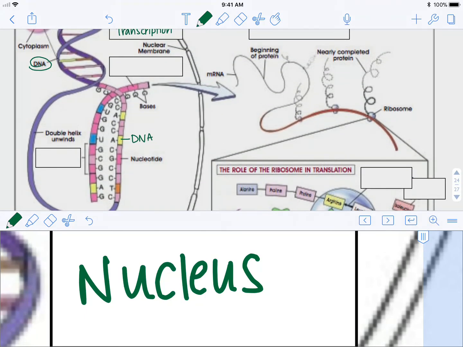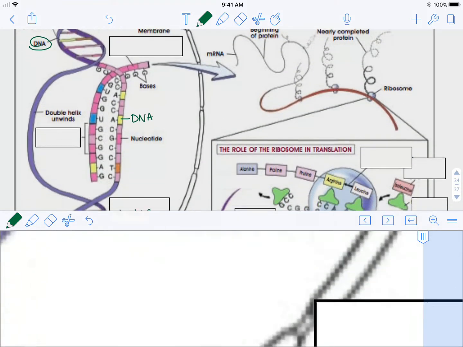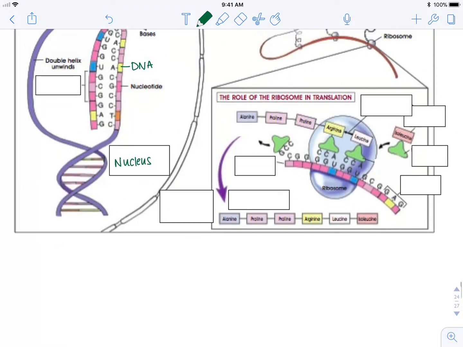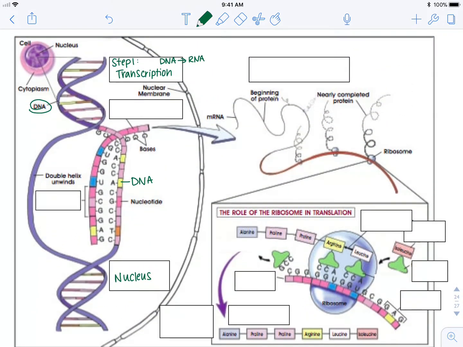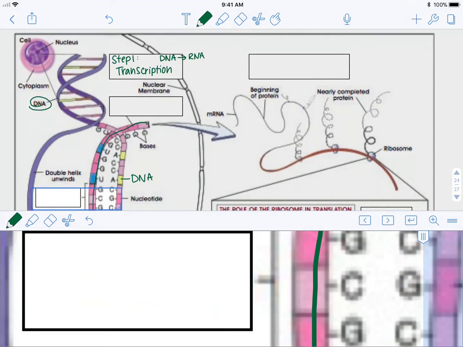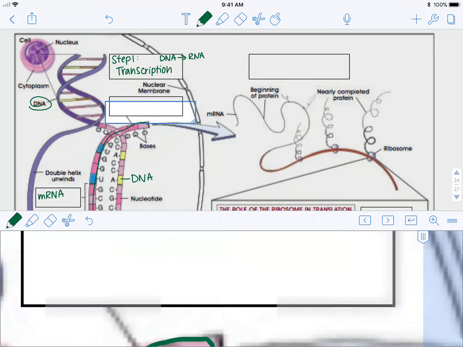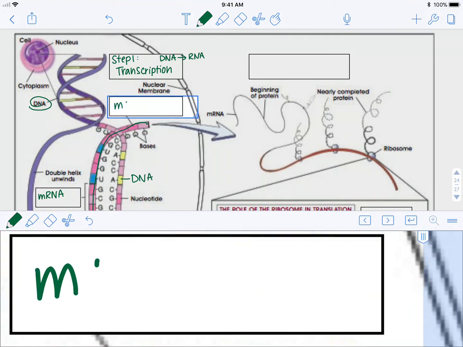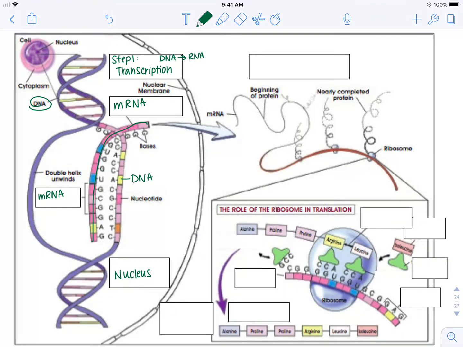Okay? And this new strand here, this is going to be your mRNA. It's what's getting made as we read the DNA. Okay? So step 1's happening inside the nucleus.